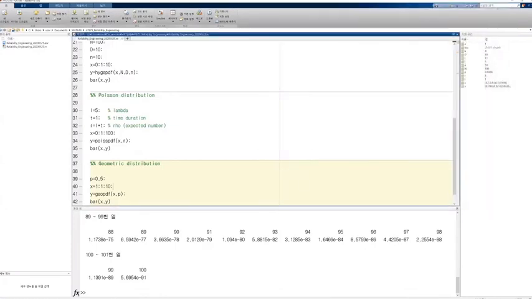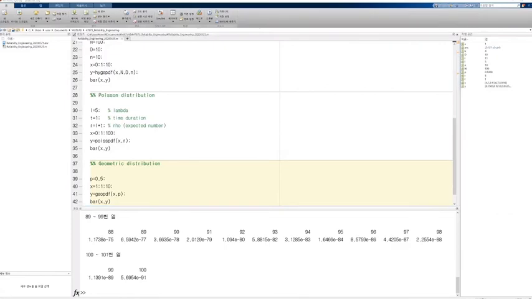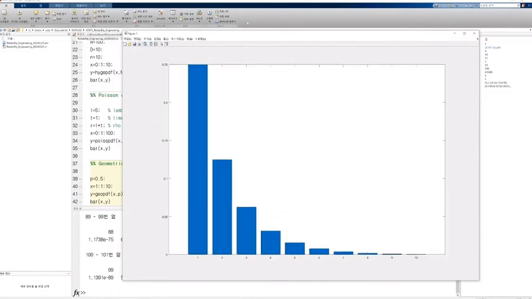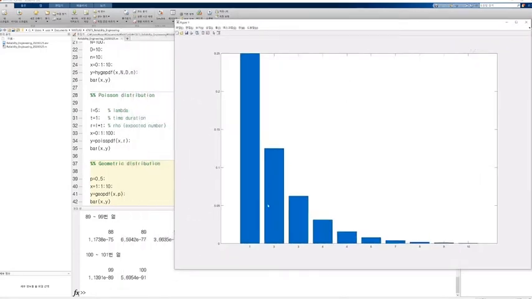Let me recalculate this. In fact, I am expecting 0.5. 0.5 for the probability that after tossing a coin, we receive the success in the first case.